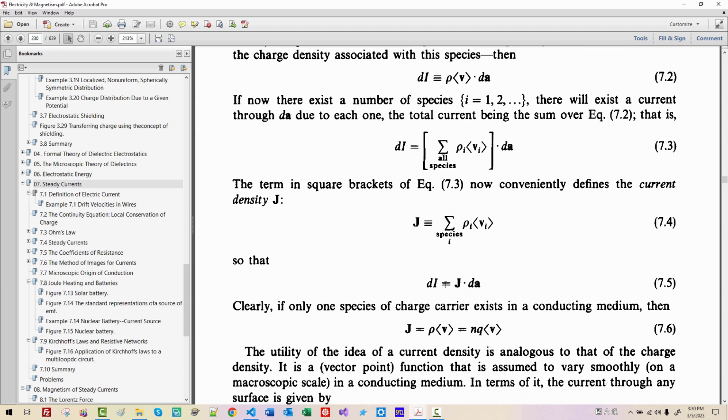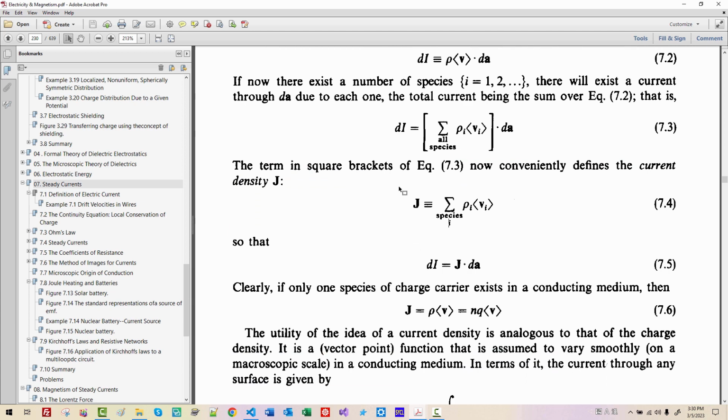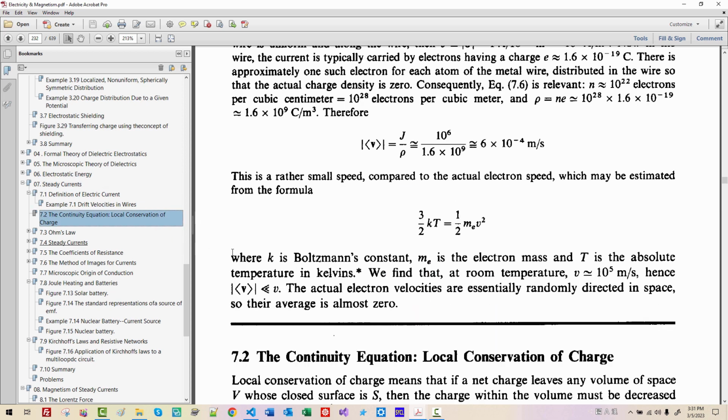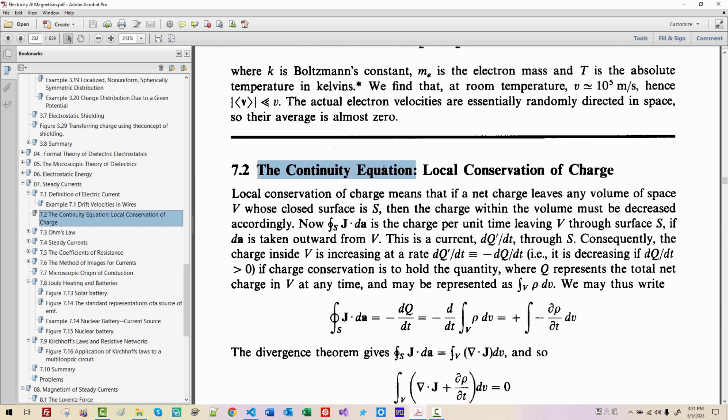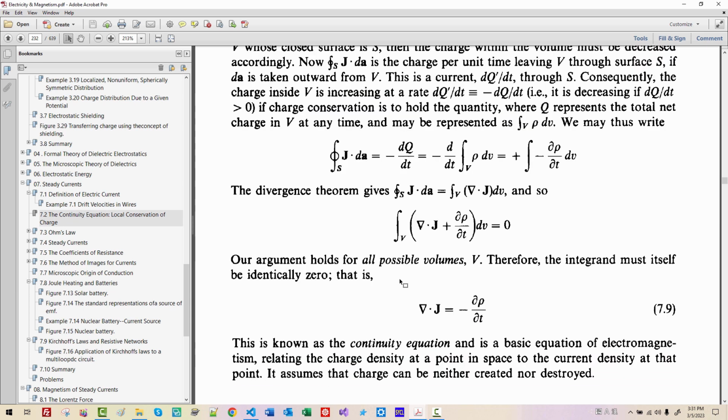I will film one or two more videos about current density as explained in this part of the text. In this episode, I will explain the continuity equation, local conservation of charge. In my current session, I will explain equation 7.9. This equation is known as the continuity equation.